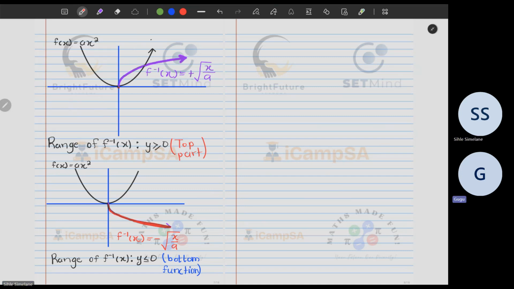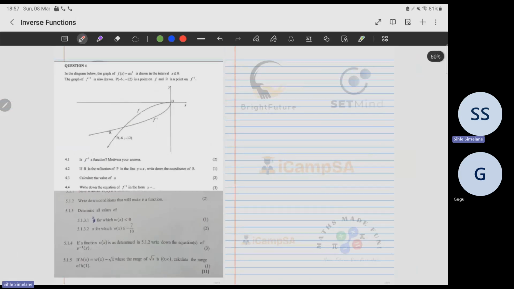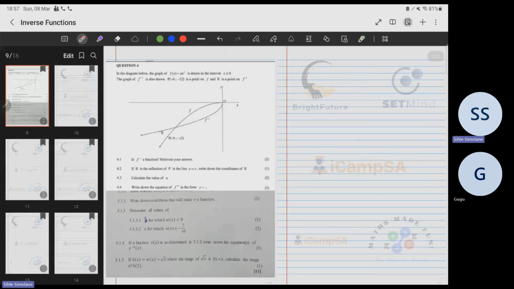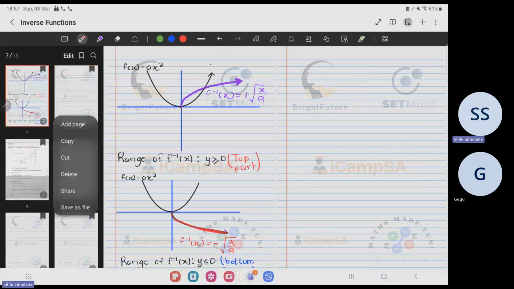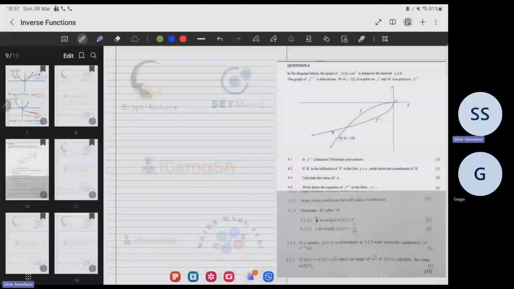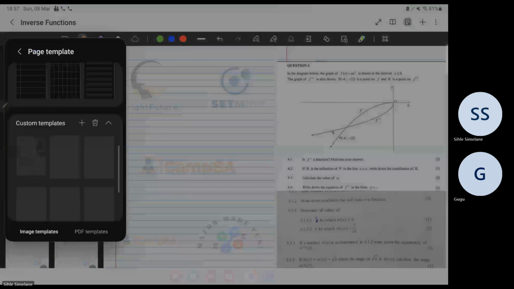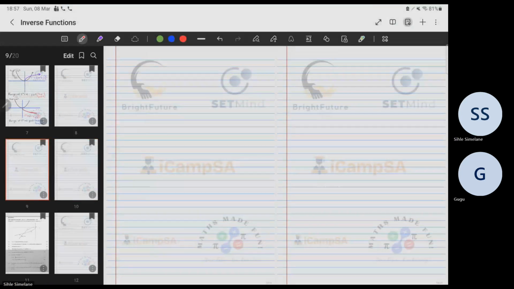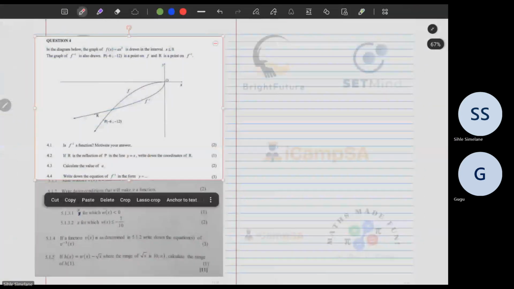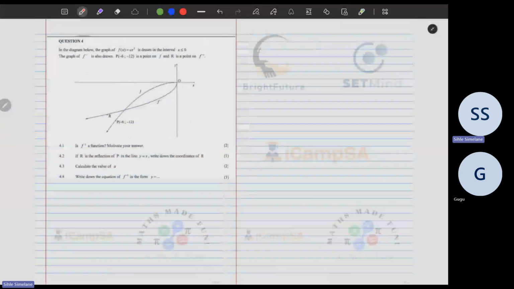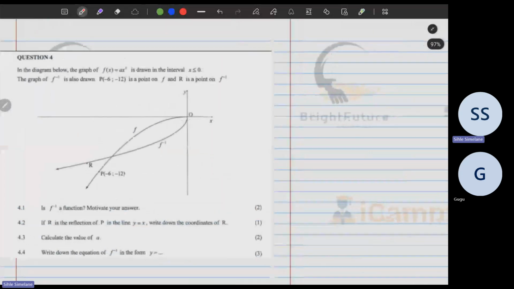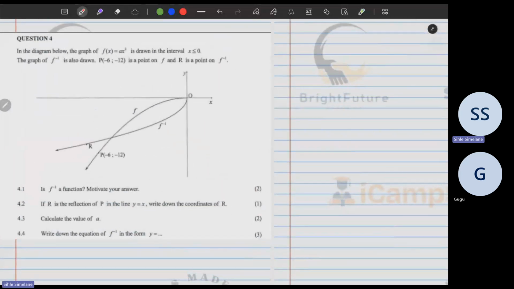Yes, sir. Okay, good. So with that said, let's deal with some questions here. Let me add just a few pages and we see if we can make sense of these questions. Let's start with this one. We're looking at question 4, which reads, in the diagram below, f of x is ax squared. It is drawn in the interval x is less than 0.